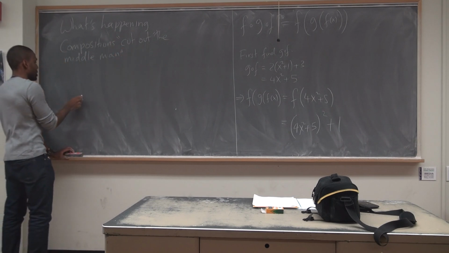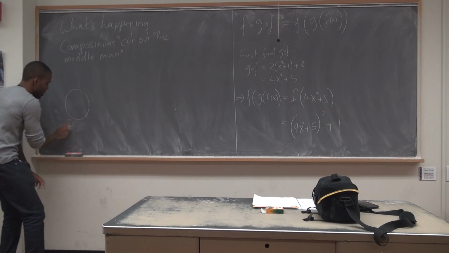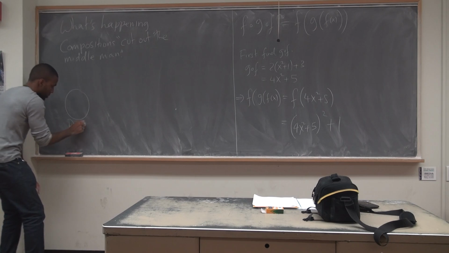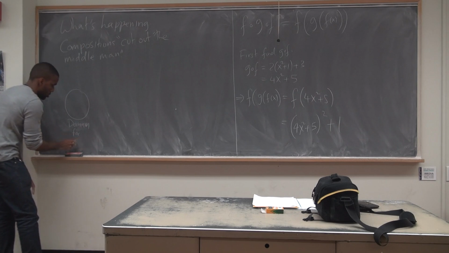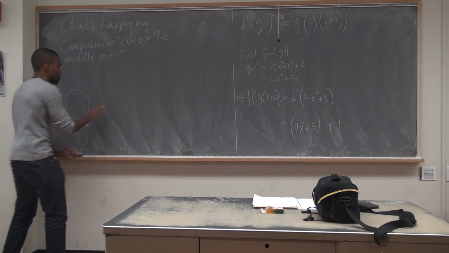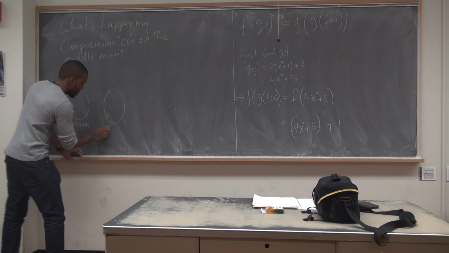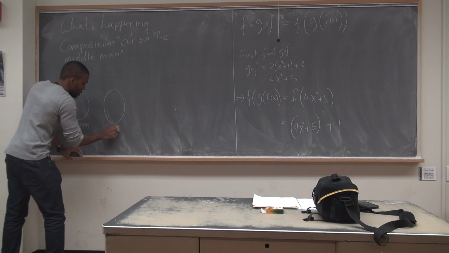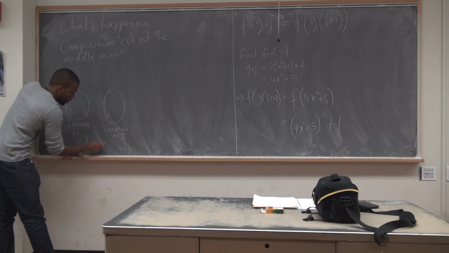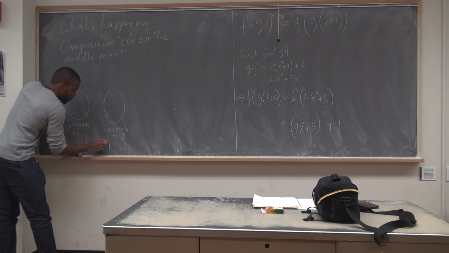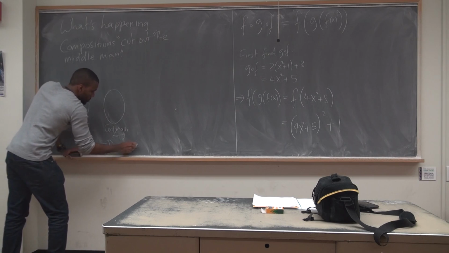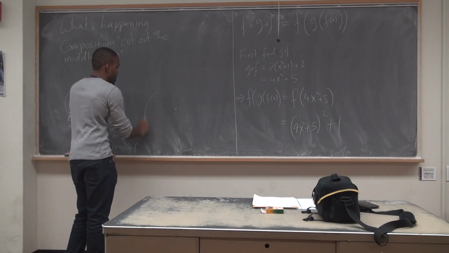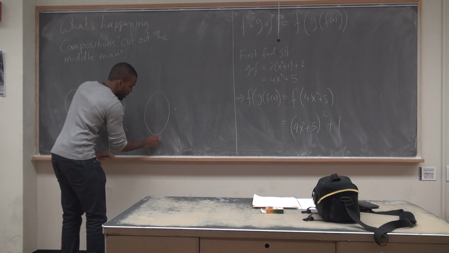So let's say here you have the domain for g. Here you have the codomain for g, which might also be equal to the domain for f. And here you have the codomain for f.